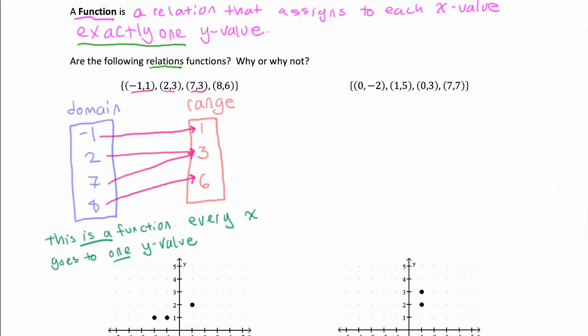Here again, I have a domain set. My domain, I've got 0, 1, and 7. 0 is already on that list, so I'm not going to put it twice. So that's my set of domain elements. Now my set of range elements over here: my range, I've got -2, 5, 3, 7.